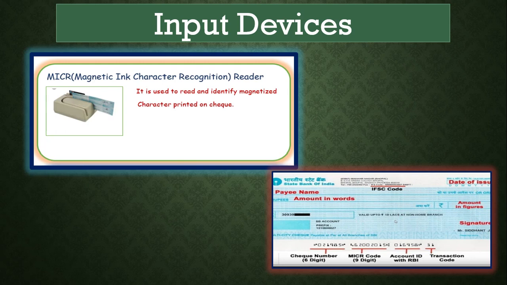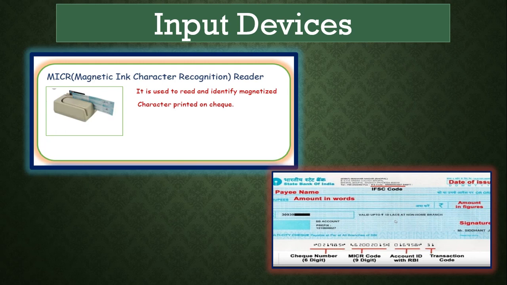Basically, if you look at the check, there are magnetized characters printed on the check. On the bottom side you can see. So magnetic ink MICR is a device that is used to read the information printed in these characters.